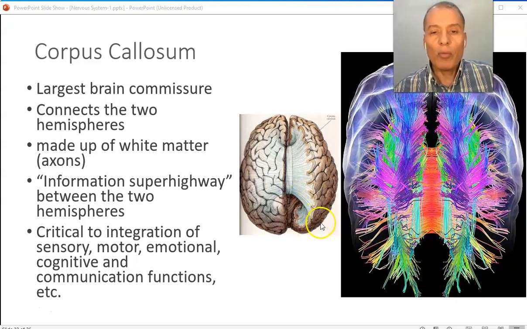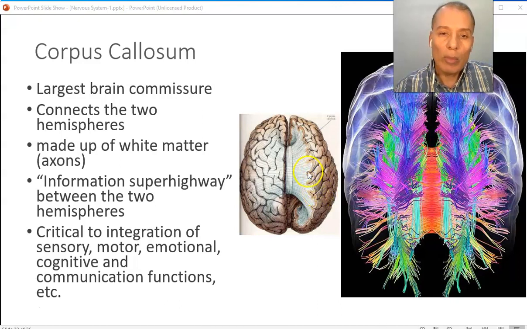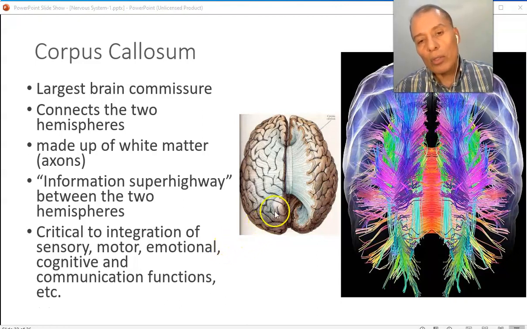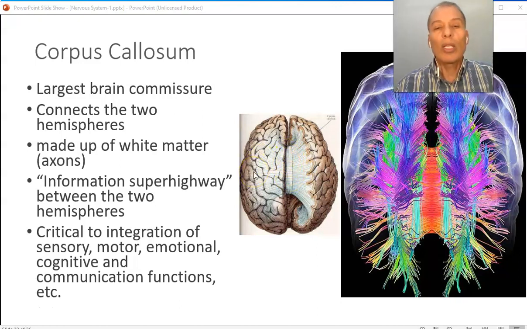When you hear something, for example, from your right ear, it has to cross over to the left hemisphere. If it comes from the left ear, it travels to the right hemisphere and has to cross over, going through the corpus callosum.